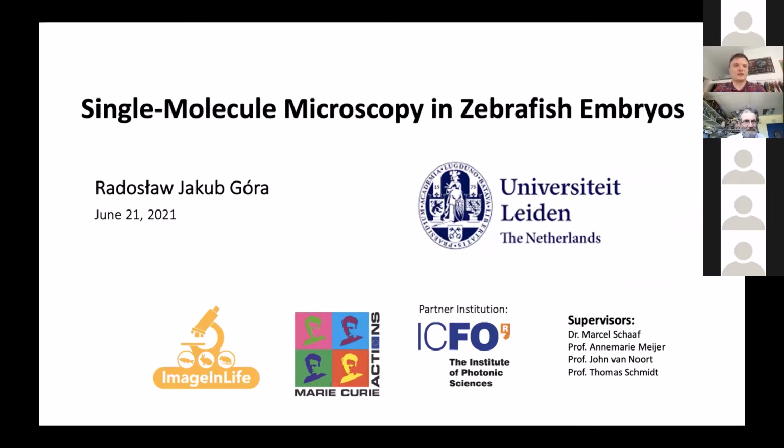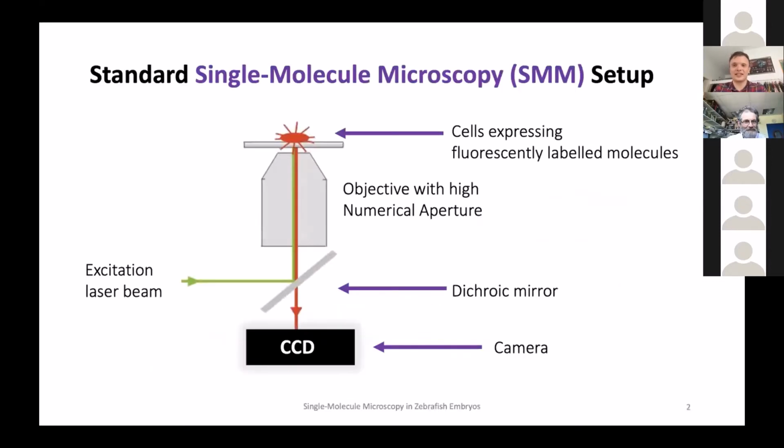First of all, I would like to start by presenting the standard single molecule microscopy setup. Basically, we have a sample which has fluorophores, most often genetically fused to the protein or molecule of interest, and those fluorophores are excited by the laser beam.